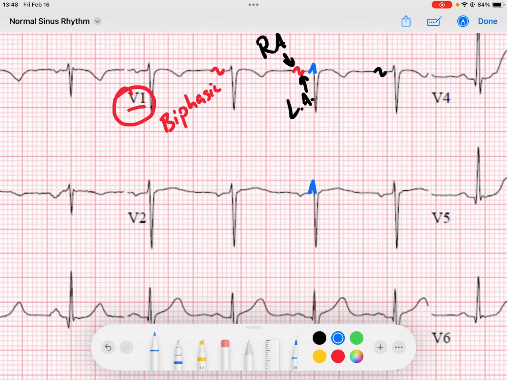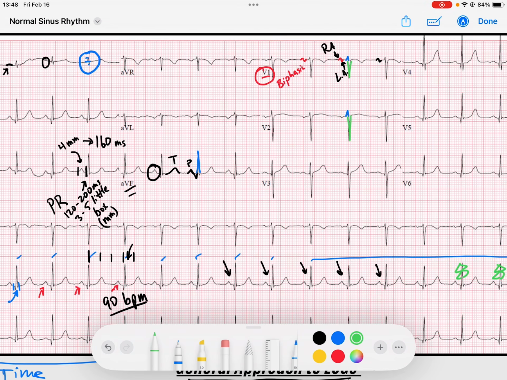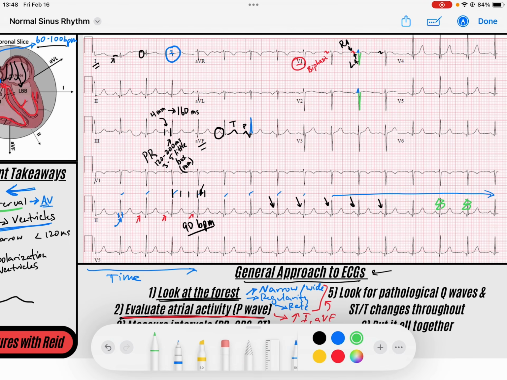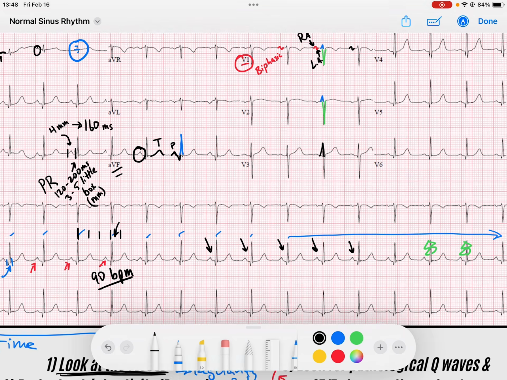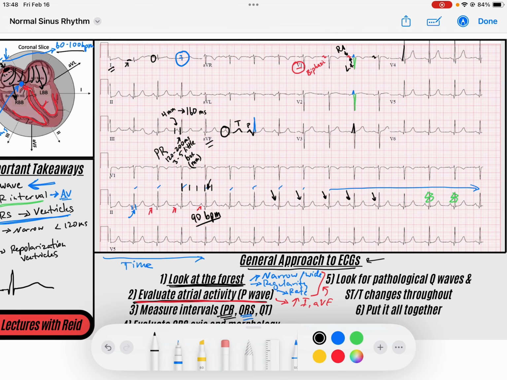And we have those deep negative forces that represent depolarization away through the rest of the ventricle as it's heading towards more of the left ventricle. And then we see that those R waves are growing the closer we get to the lateral aspect, and then they become more dominant in V4.